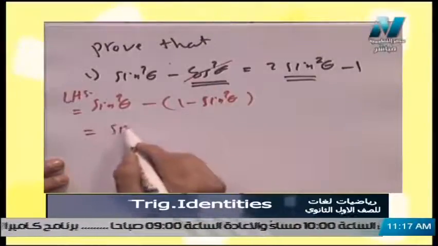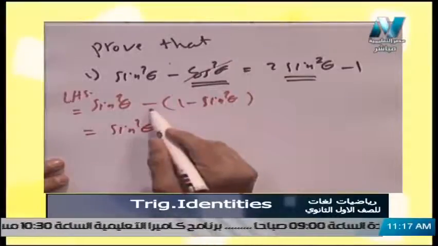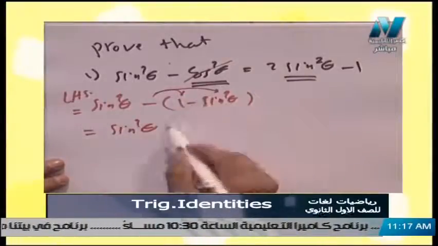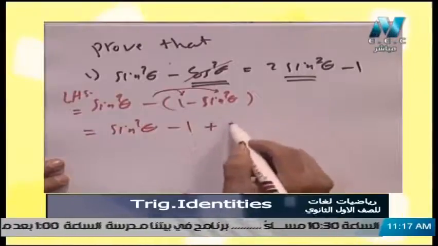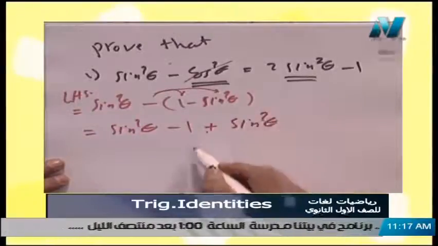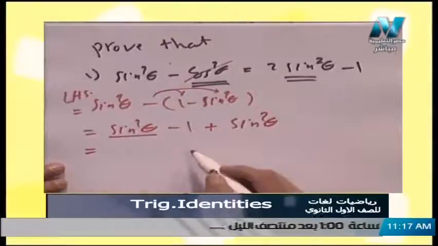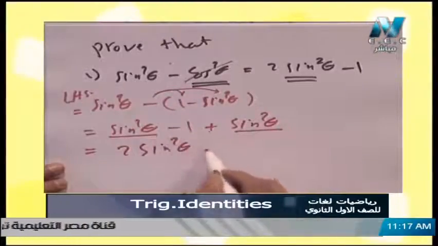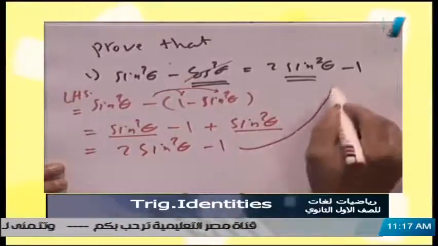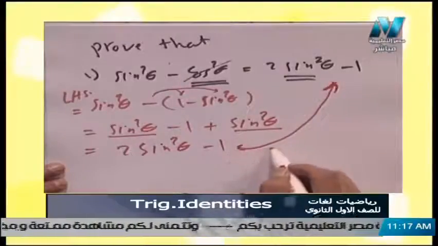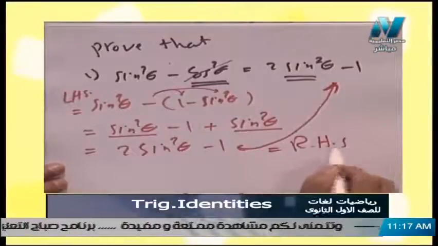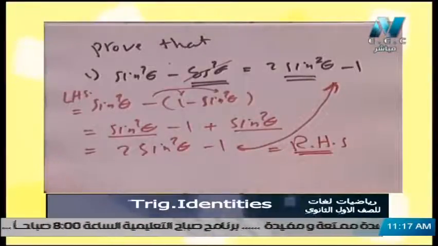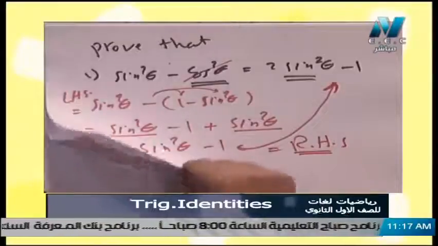So sine power 2 theta as it is, multiplied by this negative will be negative 1 and plus sine power 2 theta. So sine power 2 theta plus sine power 2 theta, of course, equal 2 sine power 2 theta minus 1, and this is the right hand side. The proof is completed. Let's move to another example quickly to have more examples.